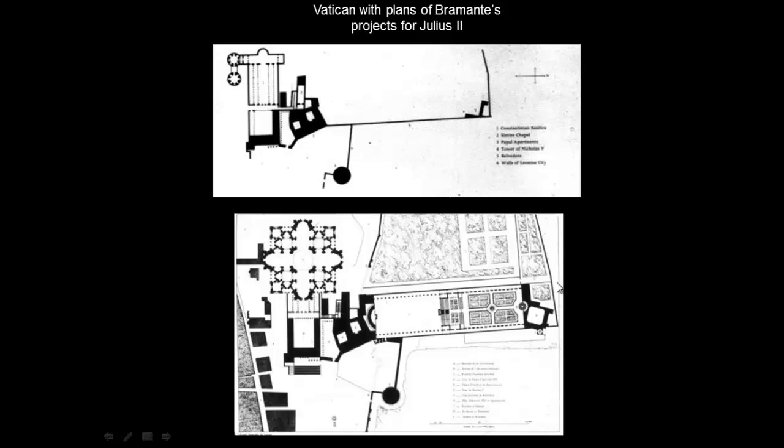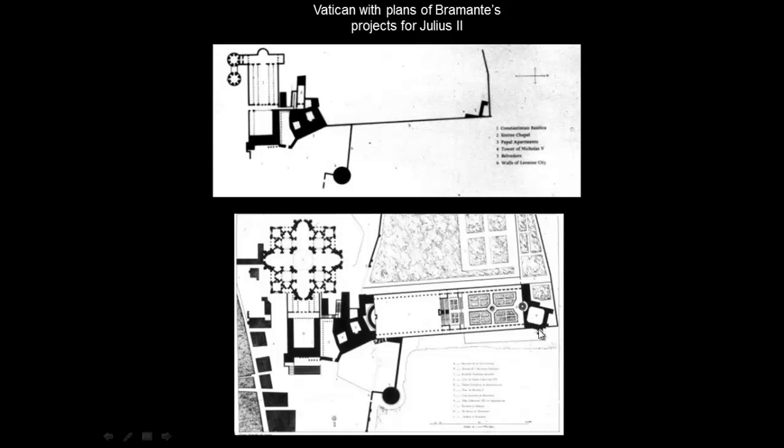Bramante was also responsible for enlarging the Belvedere, and I'll show you a few images of that. He also built this huge long series of hallways and other types of rooms connecting the Vatican Palace to the Belvedere. This was basically Julius II commissioning Bramante to turn the papal palace into a princely residence.